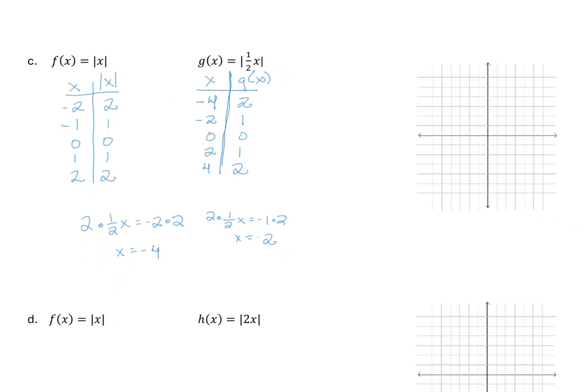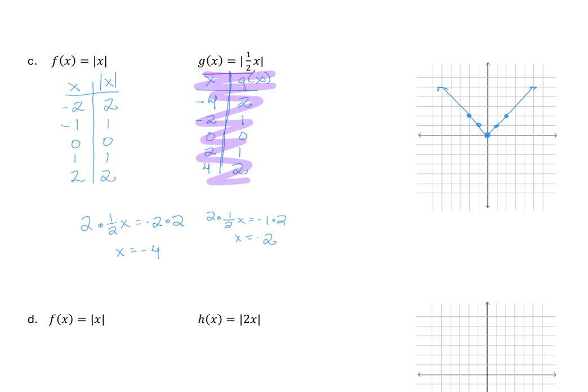All right, so now when we graph this, let's see what happens. Okay, so for my original function, we have absolute value. This is going to be our V shape. And it should look like this.